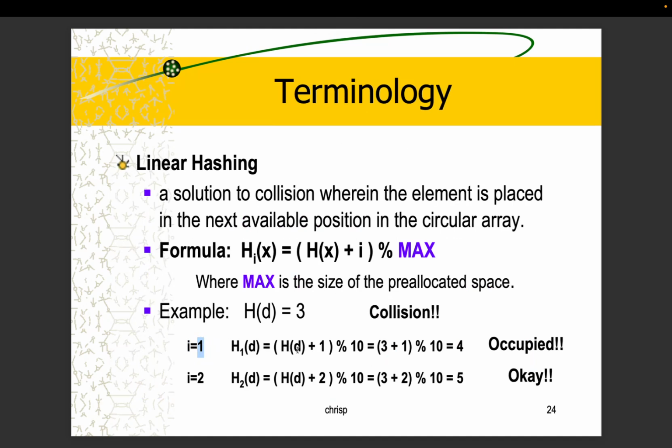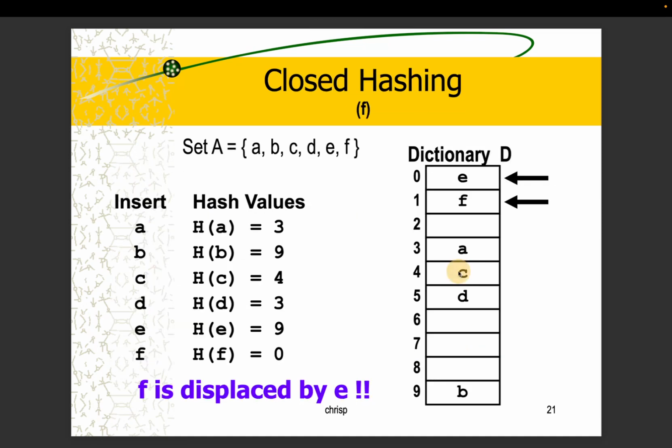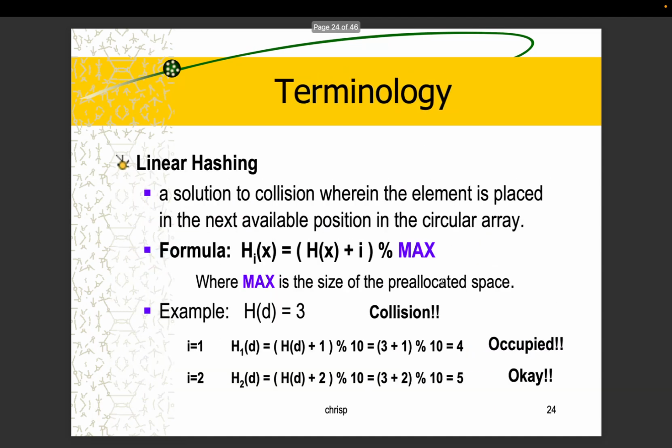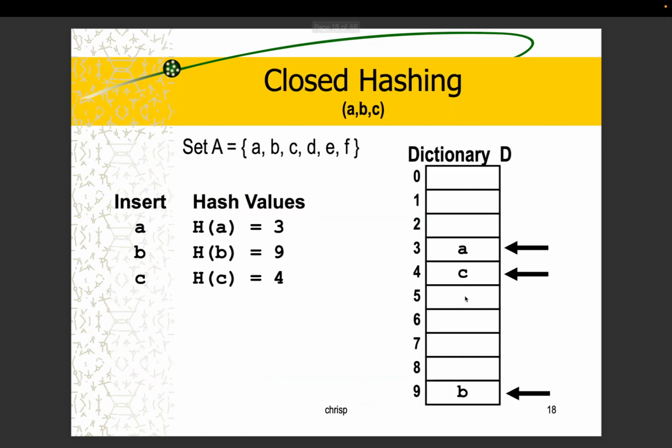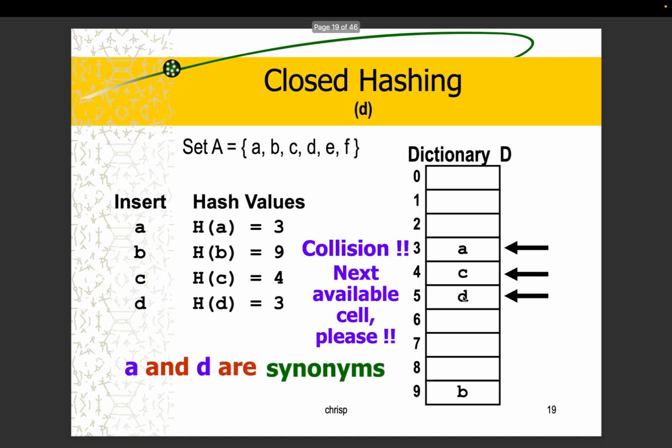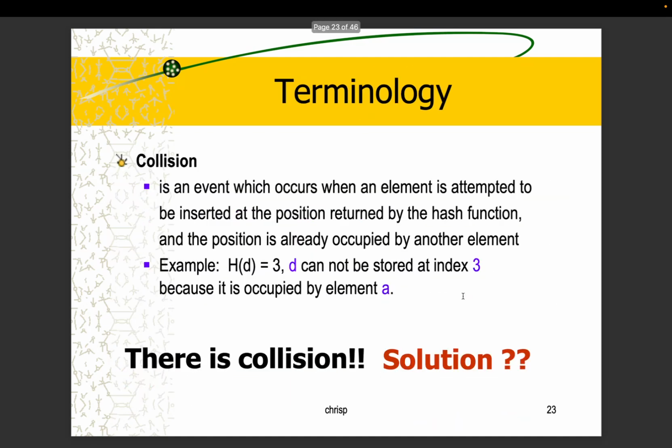So 3 plus 1 modulo 10 is 4. 4 was already occupied. So go to the next index. i is now 2. 3 plus 2 modulo 10 is 5. 5 was not yet occupied, therefore I was able to insert at 5.